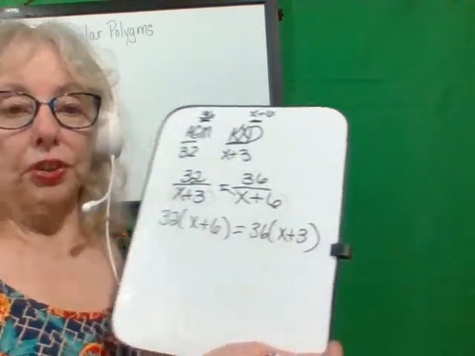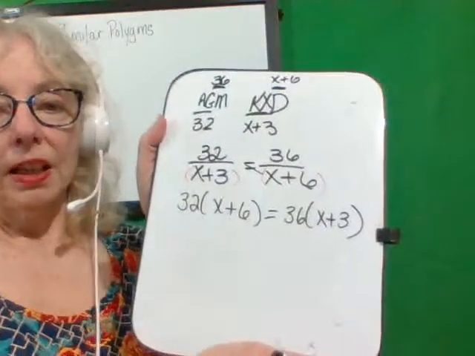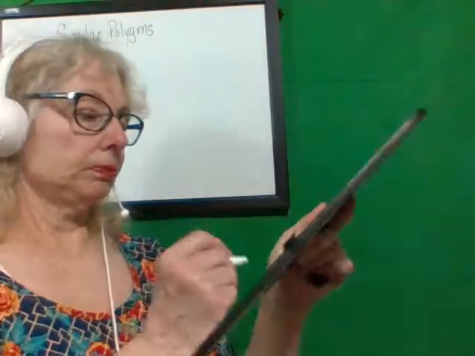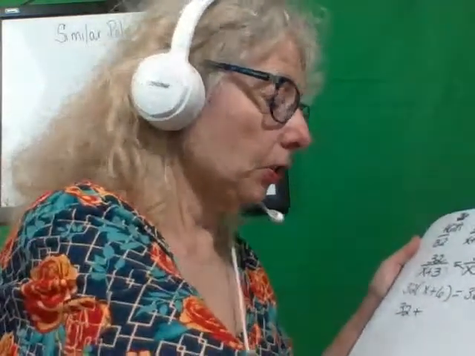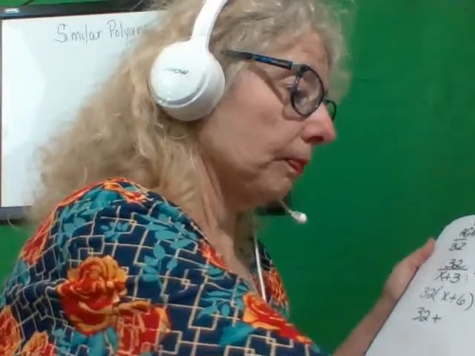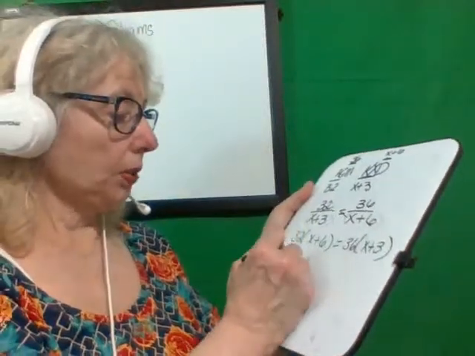Now, use your distributive property. We get 32x plus, and then you want to do your 6 times your 32. So 6 times 32, and we're going to get 192. Oops, I forgot my x.